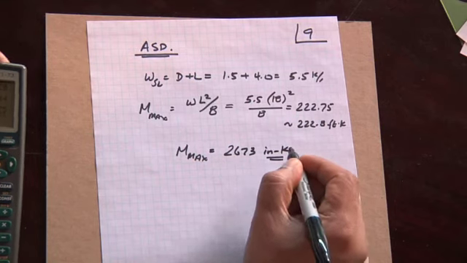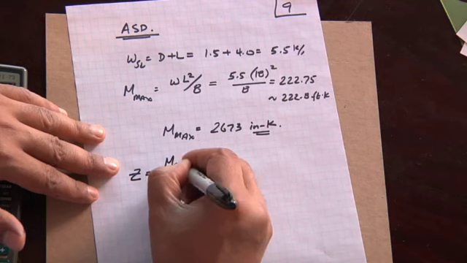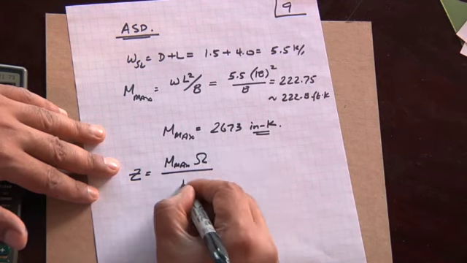inch-kips. And the Z is going to be the service load moment times the omega factor, which is the overstrength factor, divided by the yield strength.